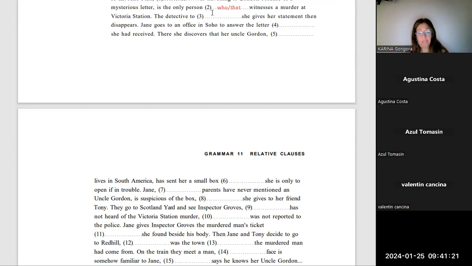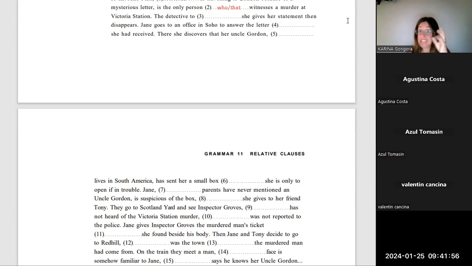The detective too, and this was problematic because here you needed to think in this way. She gives her statement to someone. Ella le hace una declaración a alguien. Ese alguien que es detective es el objeto de la oración. ¿A quién ella le hace algo? ¿Sí? Esta oración podría ser, she gives her statement to a detective. Yes?